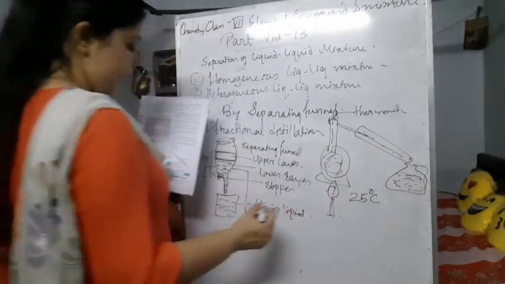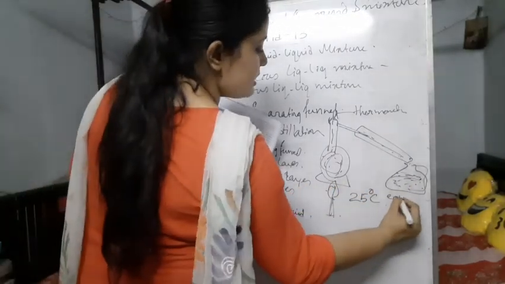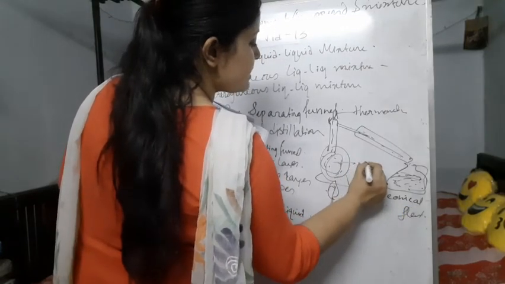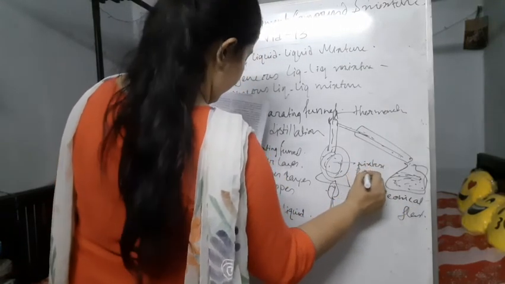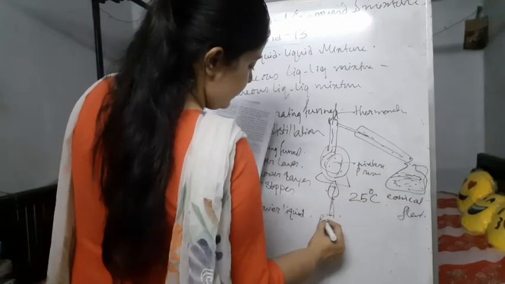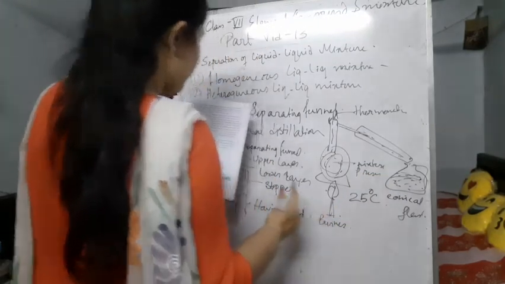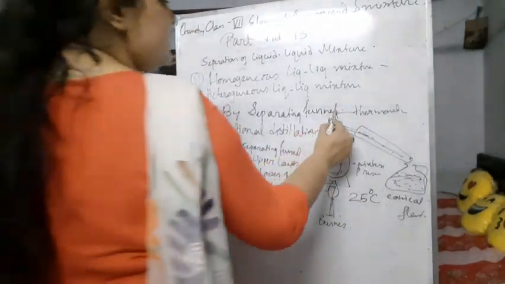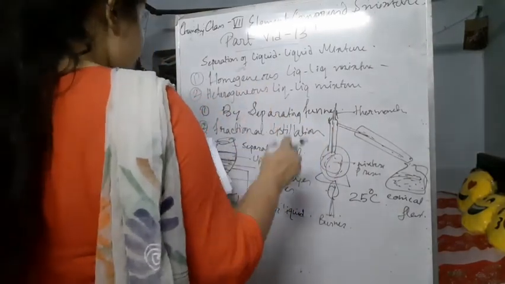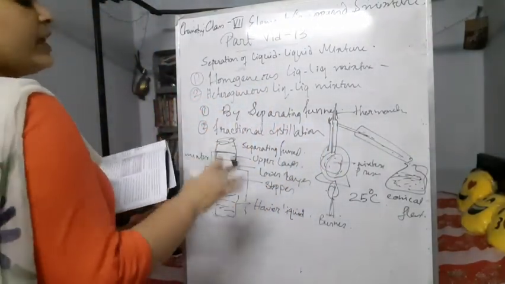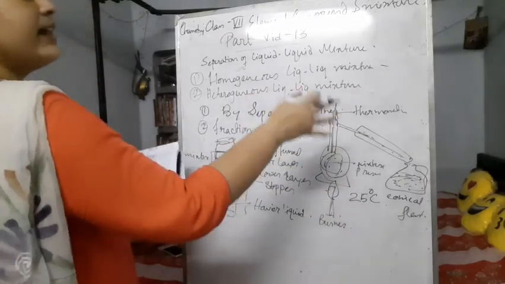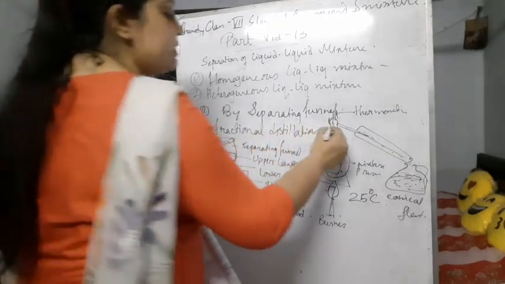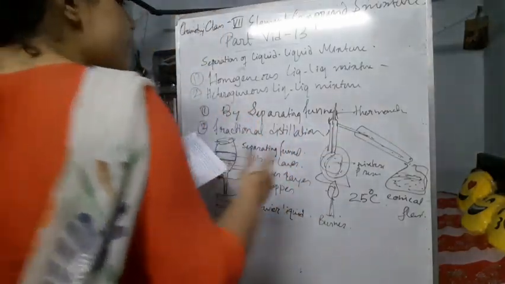This is a conical flask, and here the mixture is present, and this is the burner. This is the thermometer, and this is the fractional column, by which we can separate out the lower boiling point alcohol.